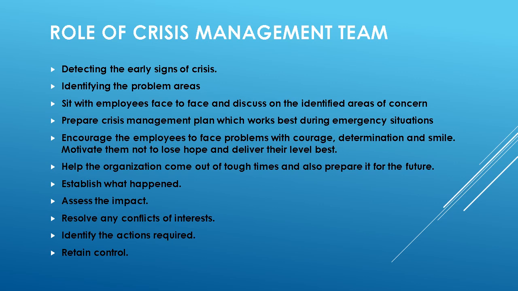Number two, identifying the crisis or the problem areas. This will lead us to discuss the main types and categories of the crisis, which have been discussed before: we have three main categories, inside the organization, outside the organization, or the organizational actions. Number three, sit with employees face to face and discuss the identified areas of concern.